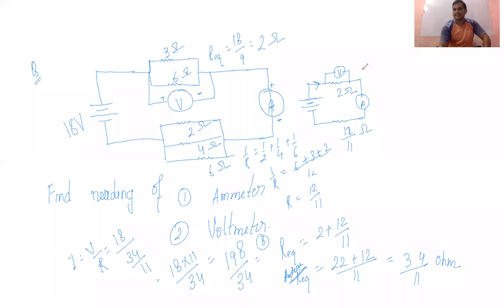Ohm's law says that V is equal to I times R. I is your 198 by 34 and the resistance is your 2. You can just calculate, this will be 17. So this will become 198 by 17. And you will solve it and you will get the voltage here. So this will be the reading of voltmeter, and the reading of ammeter is 5.8, whatever it is, 198 by 34.